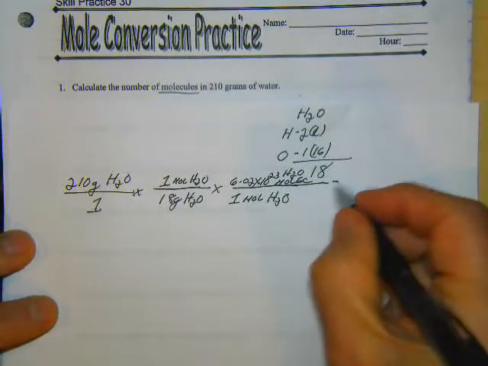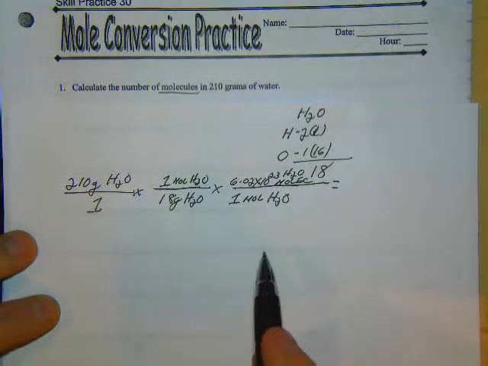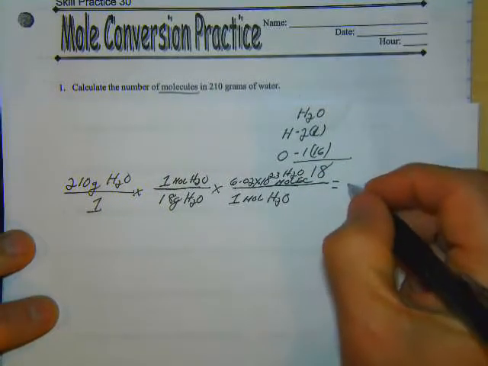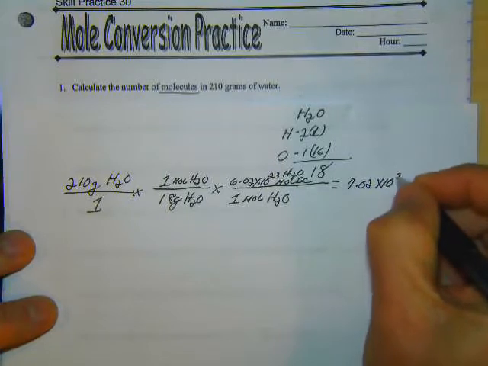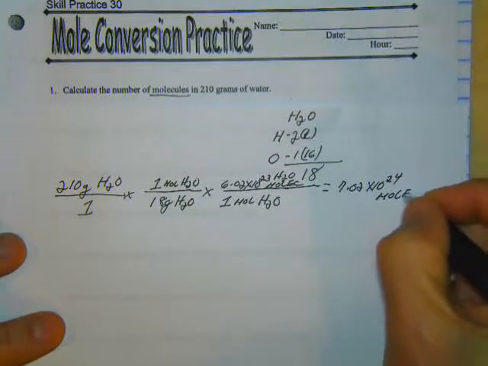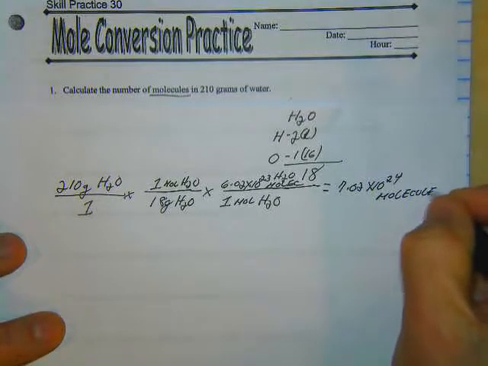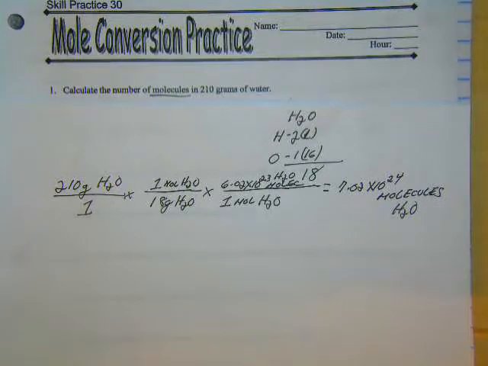And so if we end up multiplying all the numerators, dividing by the denominator, we come out with 7.02 times 10 to the 24th molecules of water. Again, pretty standard problem. Something you could definitely see on the assessment.